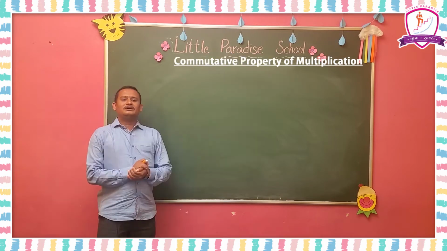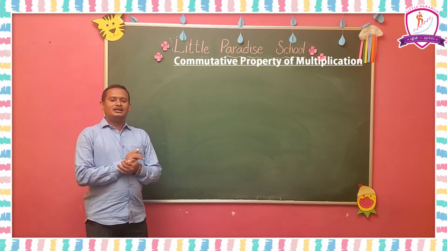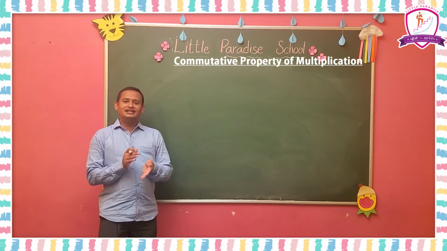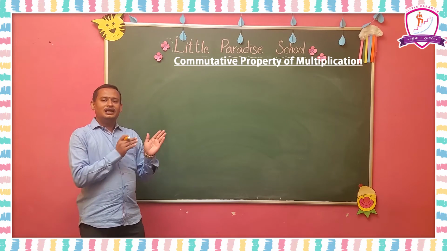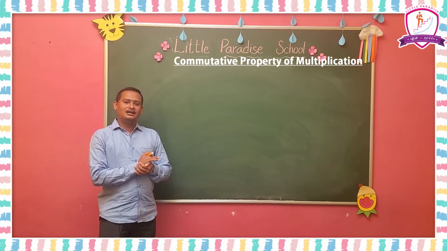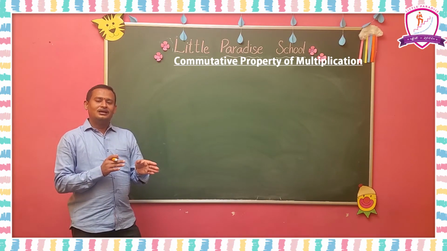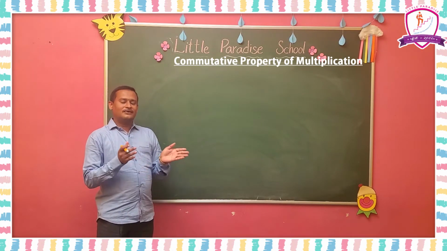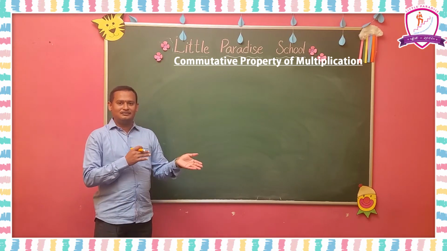Okay. Next, commutative property of multiplication. Before that we can recall the commutative property of addition. In addition, what did we learn? If a and b are two integers, then a plus b is equal to b plus a. So when we add any two integers in any order, we will get the same result.